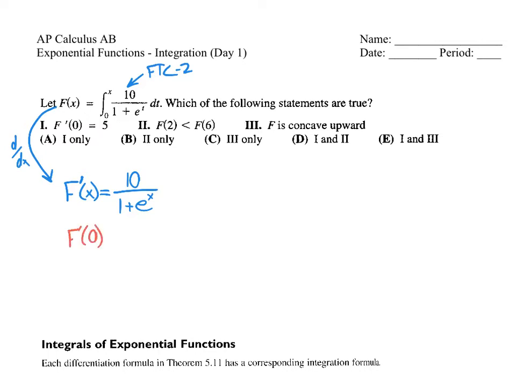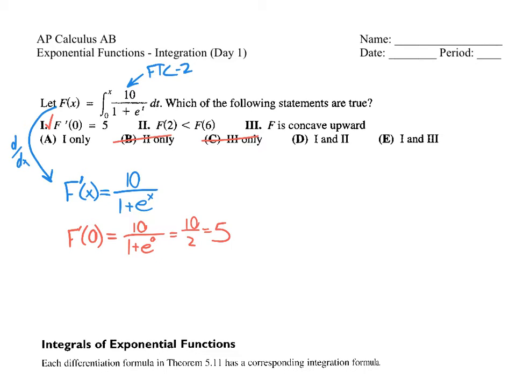What do we get when we do f prime of 0? It's 1 plus e to the 0, which is 1, so it's 10 over 2, which is 5. So we just proved that choice 1 is correct. Alright, so I know that B is not the answer and C is not the answer.